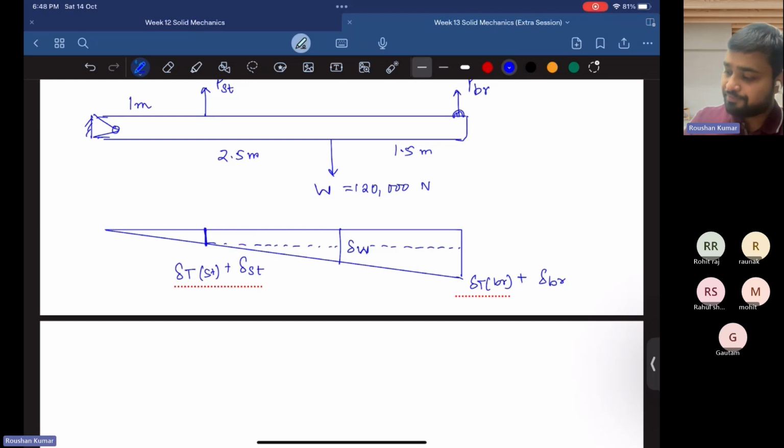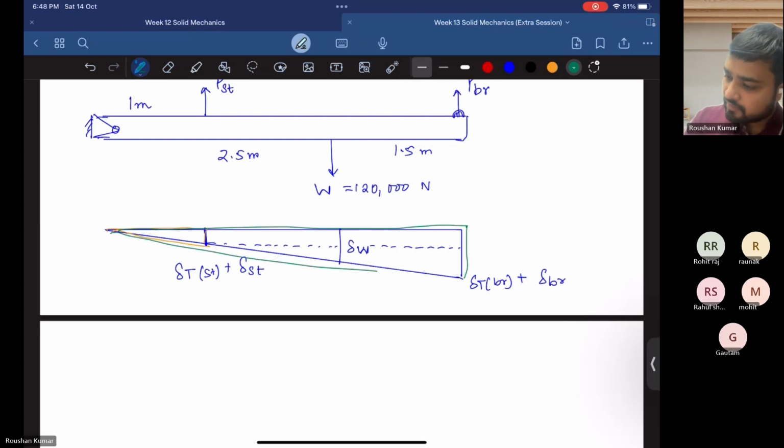So this distance will become delta T. Now we are using the similarity of this triangle plus this triangle, plus this triangle.